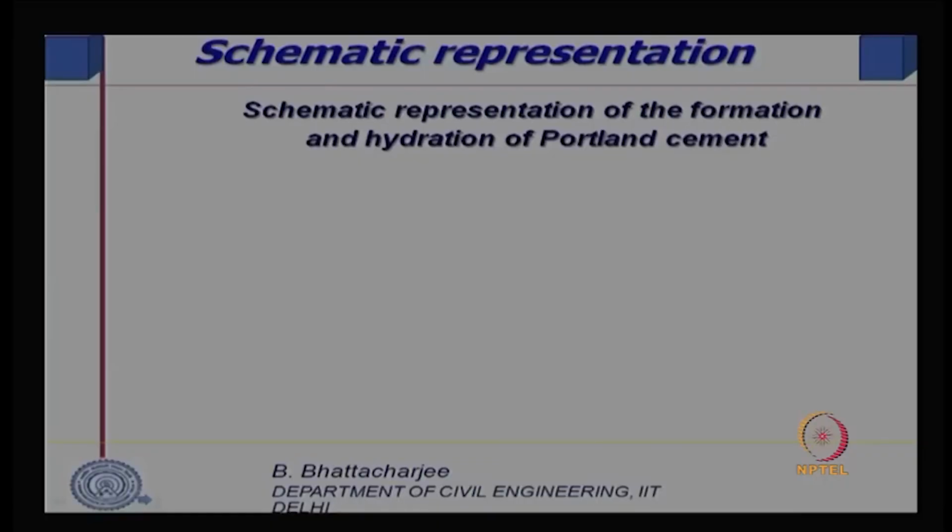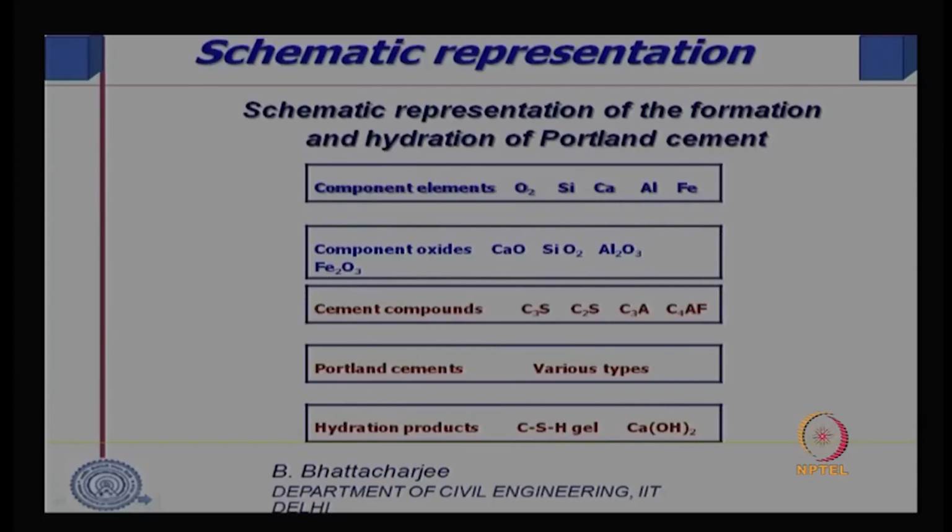Remember last time we looked into schematic representation of the formation of hydration of Portland cement. We said that we start from element oxygen, silicon, calcium, aluminum and iron, which forms oxides, calcium oxide, SiO2, silicon oxide and aluminum oxide, that is silica and alumina, aluminum oxide and iron oxide.